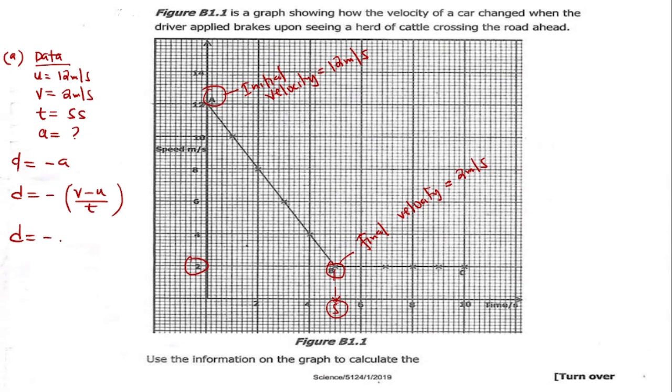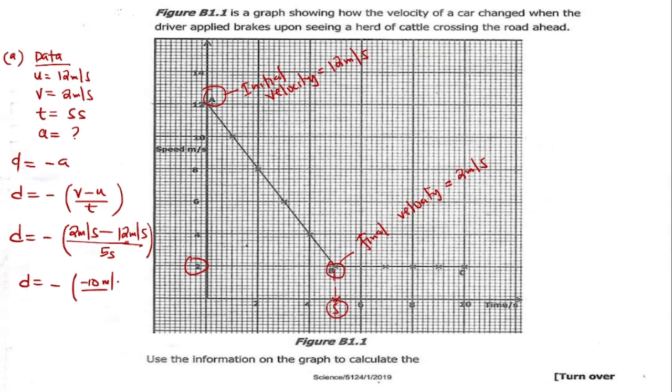So this is equal to, what is our final velocity? Our final velocity is 2 meters per second. Our initial is 12 meters per second. Then you divide by time, which is 5 seconds. So when you subtract 2 minus 12, we're going to have negative 10.